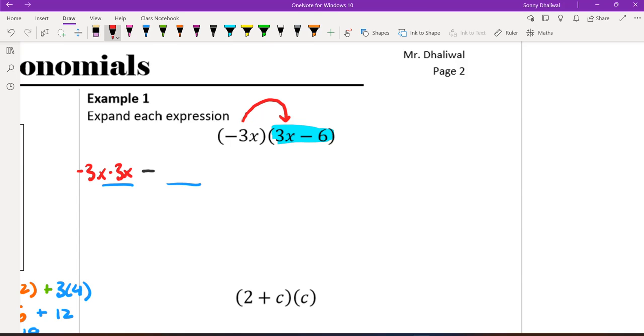And we go in the same order, because this blank refers to the first term, this blank refers to the second term. Then we go to the next one, and we go negative 3x is the outside term times this 6. And we don't need to worry about this negative sign here because we've already put it down right there.